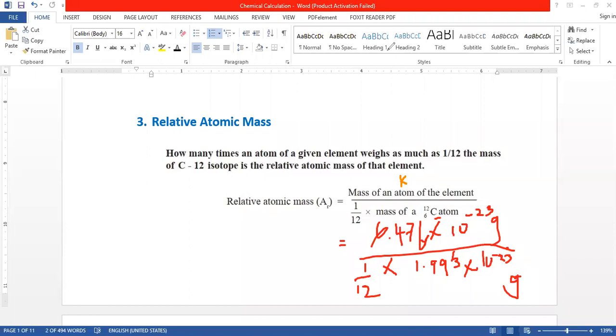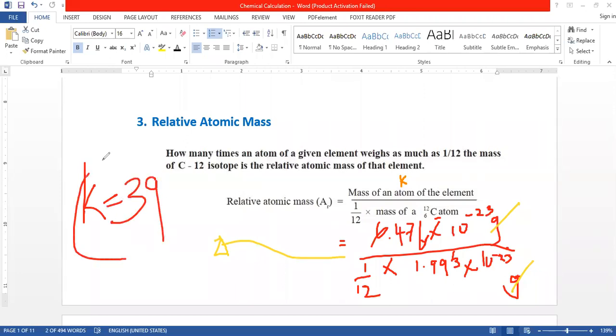Then I can cut this gram and gram. And if I completely simplify and finish that, the answer would be, potassium relative atomic mass would be what? 39. This is how this 39 is coming.